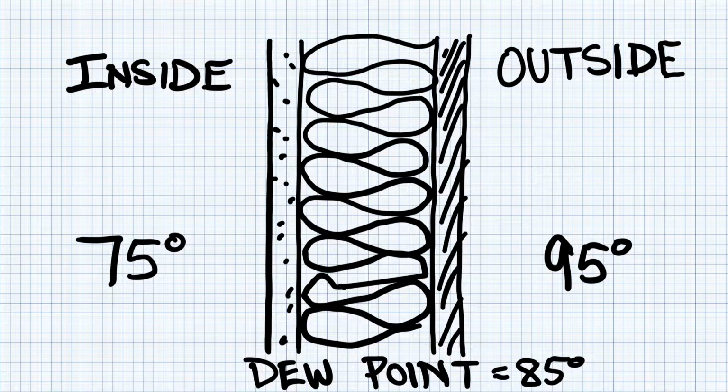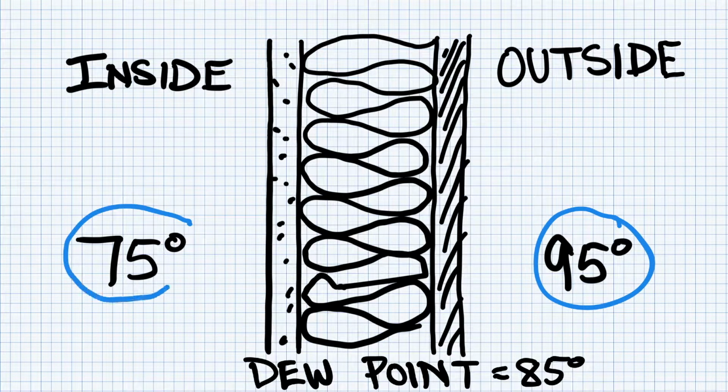Relative humidity is based on the temperature of the air and the absolute humidity in the air. So in this example, we're going to imagine that the dew point is 85 degrees Fahrenheit. On the outside of the wall, the temperature is 95 degrees. And inside, we have our air conditioning running, keeping the home at 75 degrees.